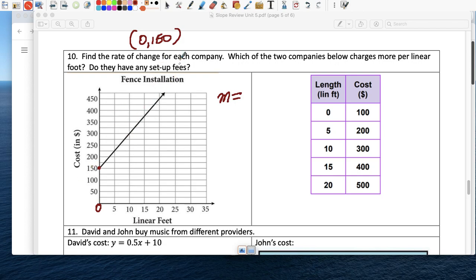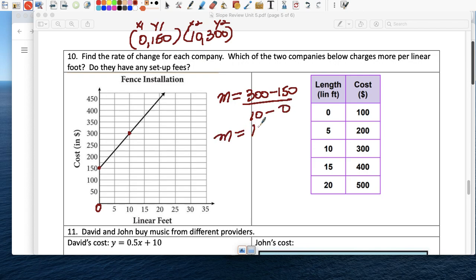Now we have to find the slope. Let me find another point that I can clearly see here. 10 and 300. So let's find the slope. x1, y1, x2, y2. We get 300 minus 150 over 10 minus 0.